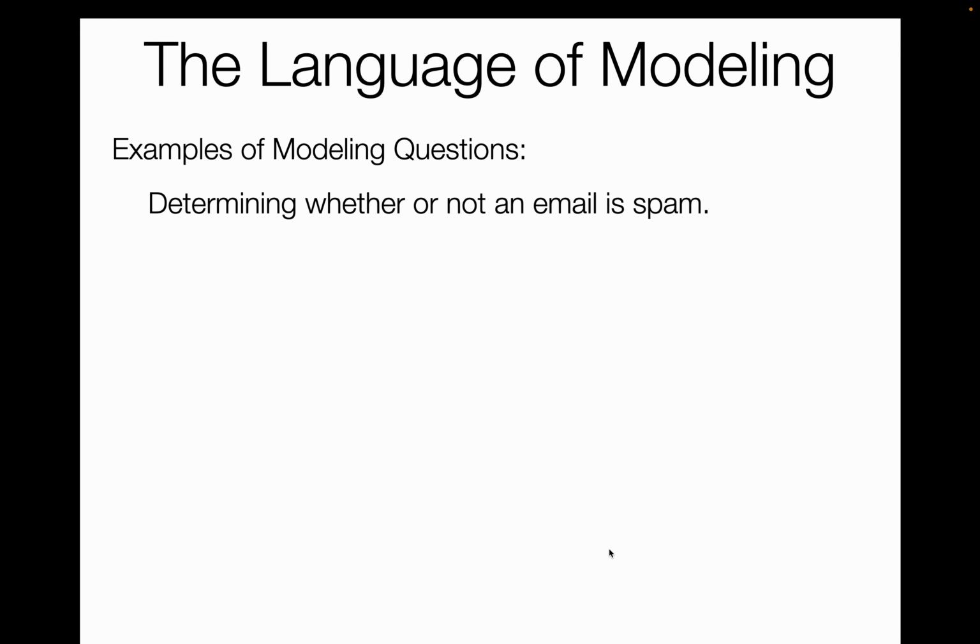Okay. So there are a couple of different examples of modeling questions, maybe to get you thinking about where you could actually use your data science skills. One that a lot of people use as a canonical example is trying to determine whether or not an email is spam.